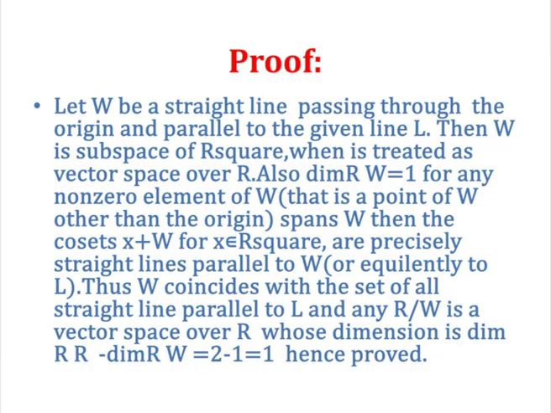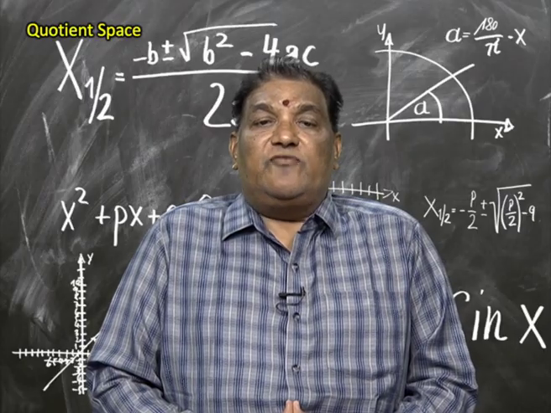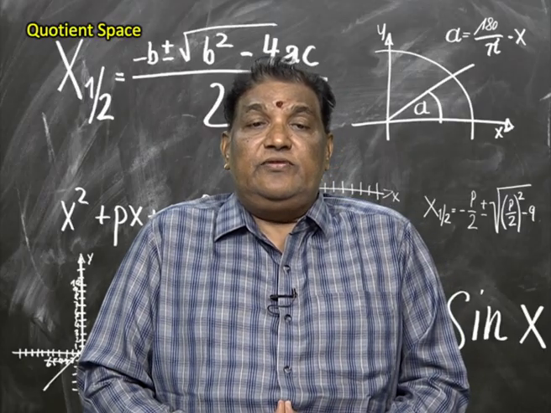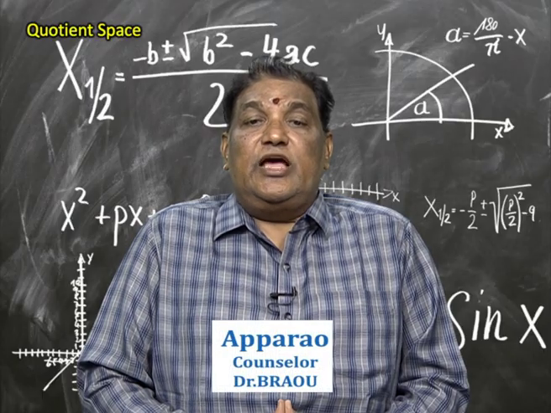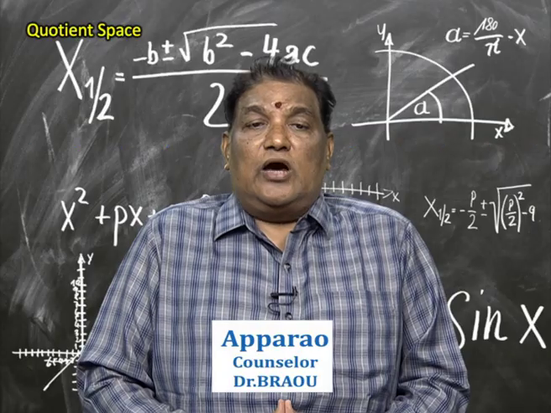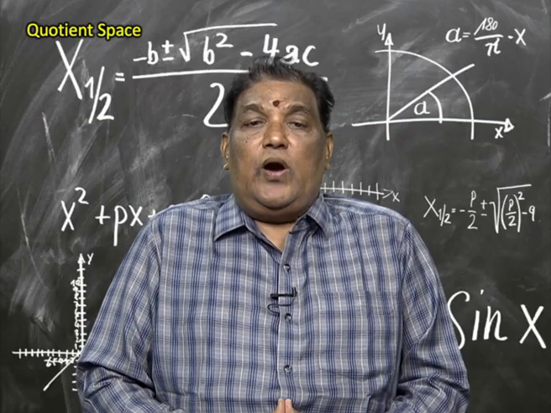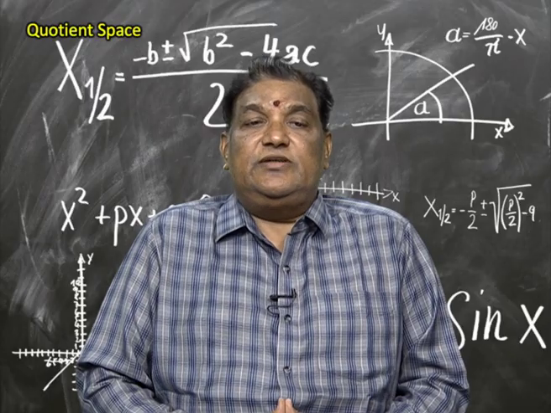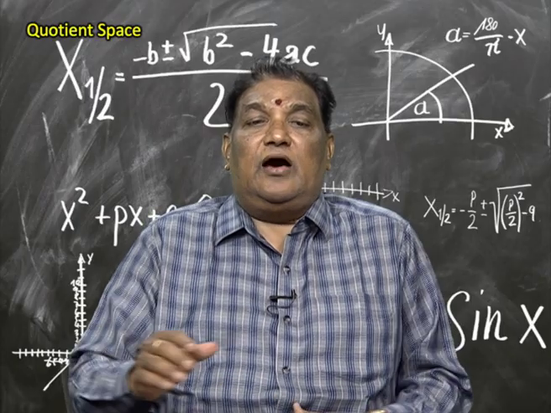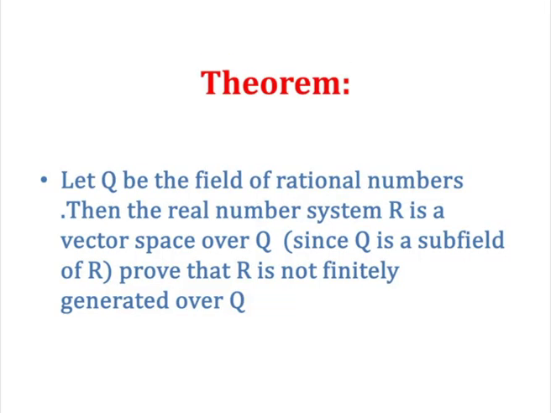Let W be a straight line passing through the origin and parallel to the given line L, then W is a subspace of R squared when treated as a vector space over R. Also, dimension of W equal to 1, for any non-zero element of W, that is a point of W other than the origin, spans W. Then the cosets x + W for x belonging to R squared are precisely the straight lines parallel to W, or equivalently to L. Thus, the set of all straight lines parallel to L coincides with R squared/W, which is a vector space over R whose dimension is 2 minus 1 equal to 1. Hence proved.